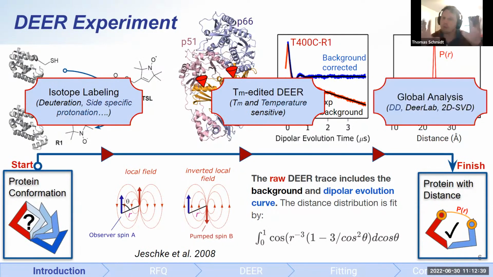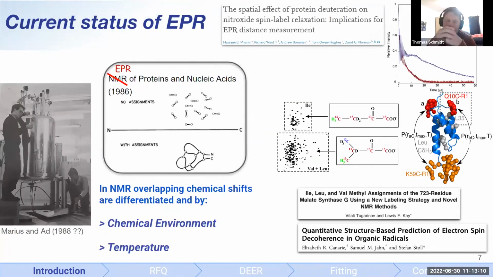And all of that will then be taken together in a global analysis, as pioneered by Eric Houston in the DD or DEER lab program and from the Jeschke lab, or the 2D SVD program from Matteo Srivastava. So all of that together would give us an extra enhancement of resolution of what's going on during the conformational exchange process, but more on that later.